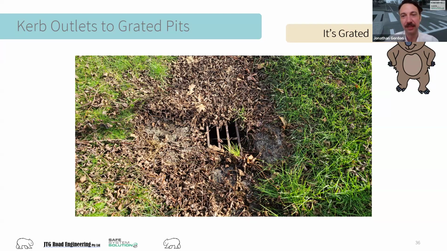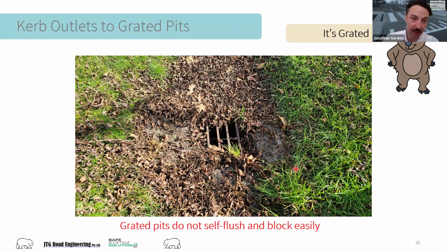Great. That's it. And it's to illustrate the point that grated pits, they don't self-flush and they block easily. And they might seem like a great roadside outlet solution until a few years later, in this case, a long, long time later, they're overgrown and no longer operate as intended, at least. So they can be a big maintenance burden for our projects.